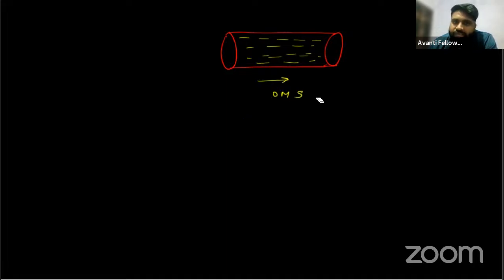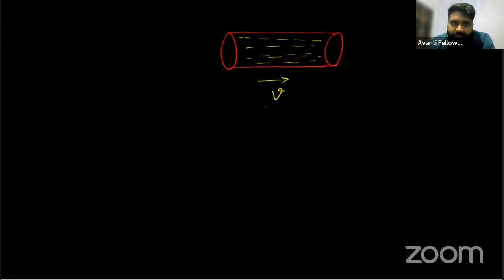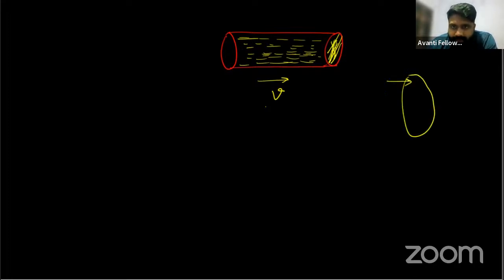Or let's say in general case, we are assuming water is flowing with a speed of v meter per second. Now, this speed is gained because of the pump. So when we apply a stopper here, the liquid will exert a force on this stopper.